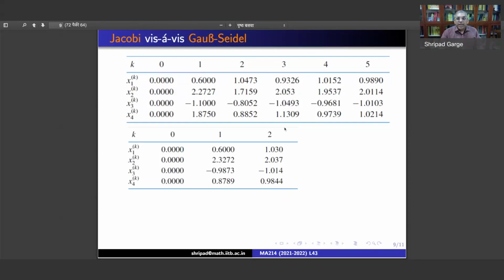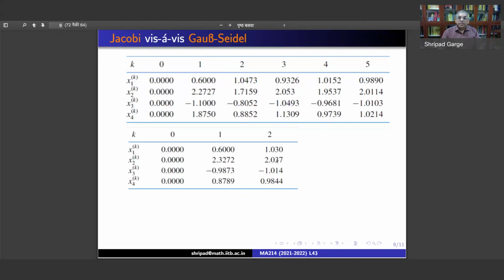To get that in the Jacobi method, we had to go to the 3rd approximation, because in the second one you see here we have 1.7 instead of 2, 0.8 instead of 1 and 0.88 instead of 1. So we do not get the first decimal digit as 0 in the second. We have to go to the 3rd one, and even there the 4th component is not quite 0, but if you go to the 4th one, then surely.